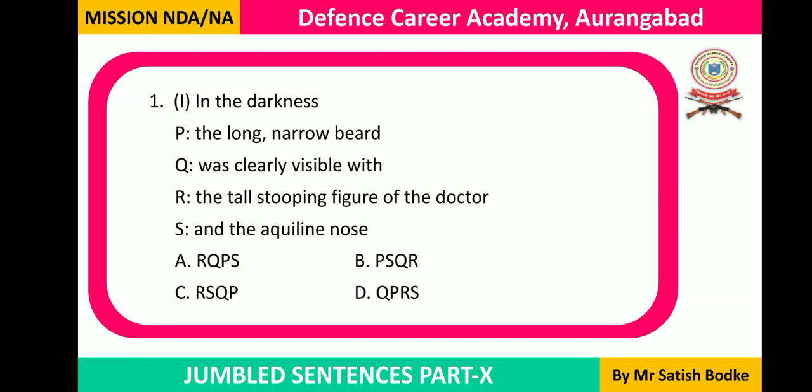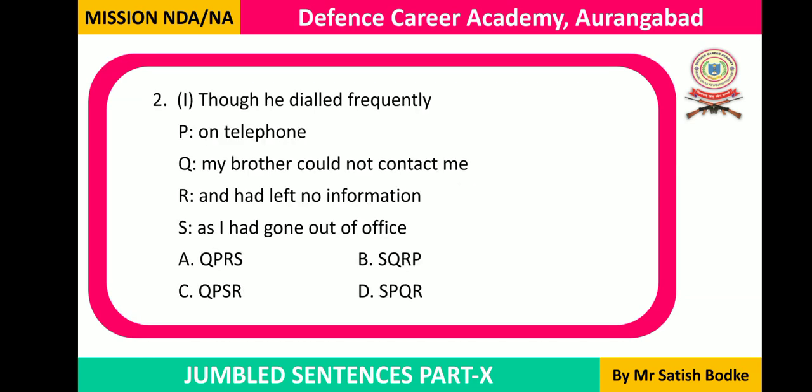Now let's go to question number 2. Here again we have 5 parts of the sentence. The sentence starts with "though he dialed frequently". Though is a conjunction, he is a subject, dialed is the verb. So it is a complete clause, and after a clause another clause should start, and a clause starts with a subject.